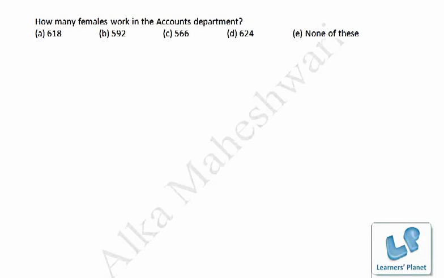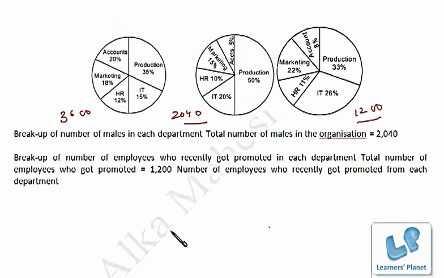Now the next question is, how many females work in the accounts department? Once again, we have to calculate the male employees in the account department, then deduct that from the total number of persons working in the account department, right? So let's do it. Males in account department are 5% of 2040, right? And overall people in the account department is 20% of 3600.